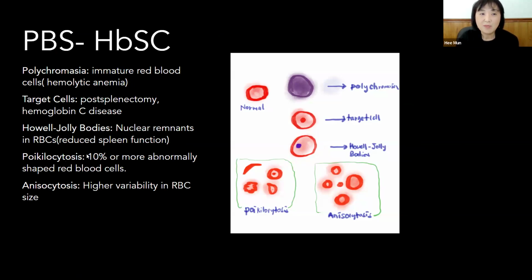Poikilocytosis is 10% or more abnormally shaped red blood cells, like target cells, teardrop cells, bite cells, or sickle cells. And anisocytosis is higher variability in RBC size. So you can see all this in hemoglobin SC disease.